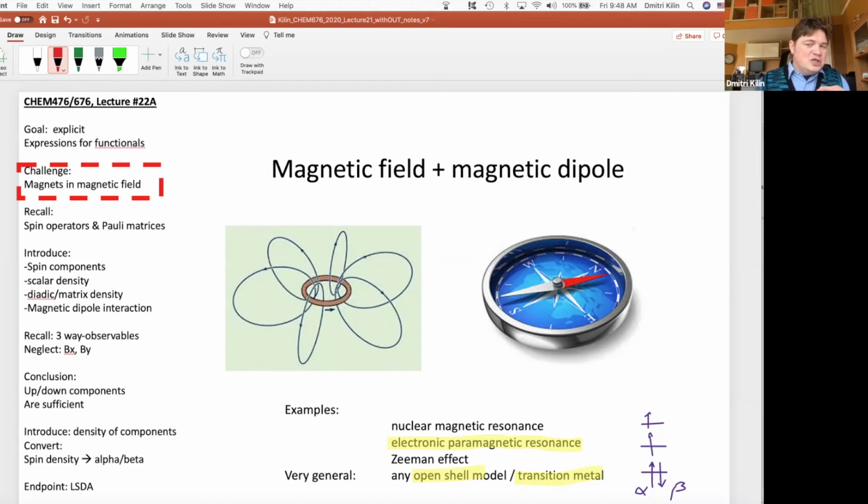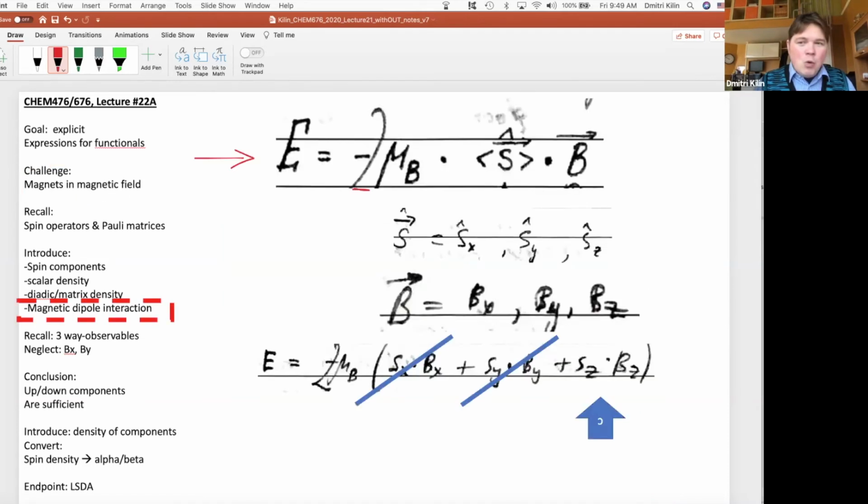So the energy minimum of the arrow is when it is oriented towards the North Pole, which means if it rotates away from the North Pole, the energy increases. So this S is the arrow of the compass vector. B is the vector of the magnetic field on the globe that goes to the North Pole.